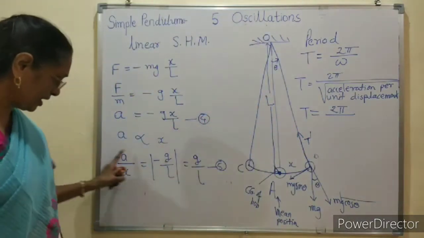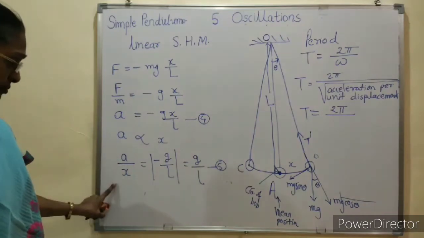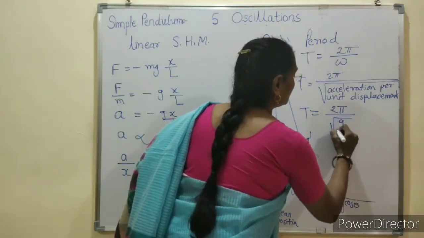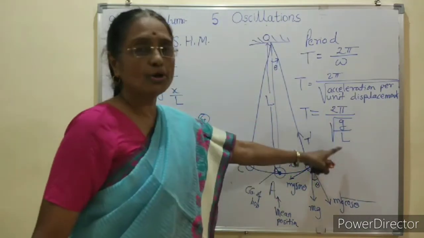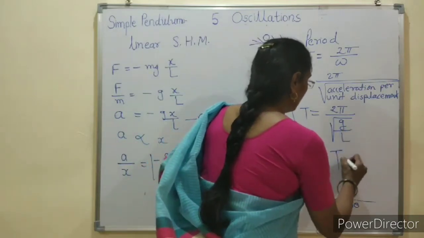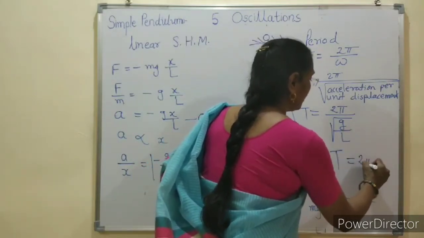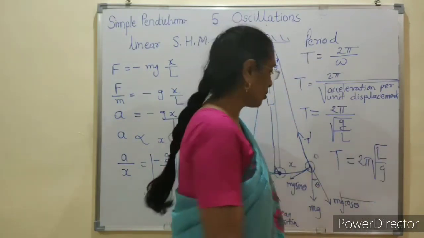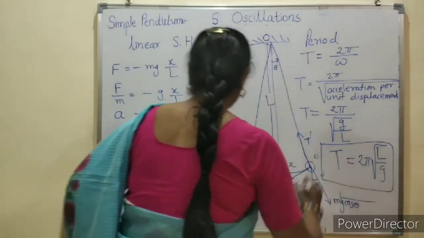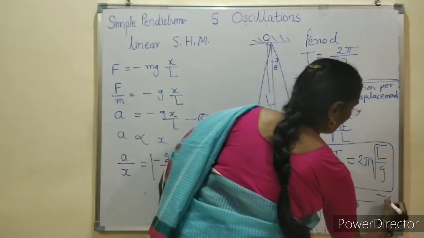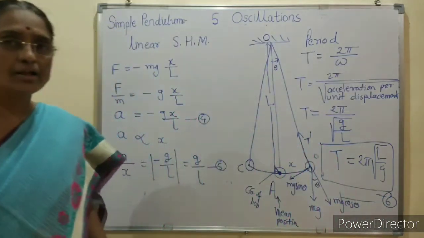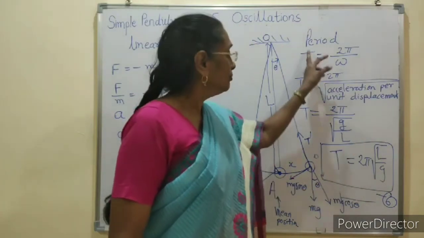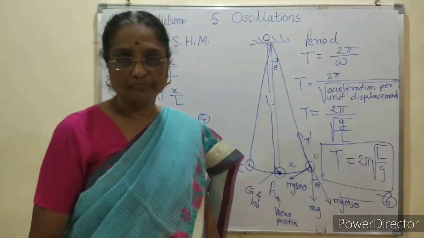From this equation 5, A upon S, meaning acceleration per unit displacement, is equal to G upon L. So inside the under root it is written as G upon L, and the final expression for period we write is T is equal to twice pi under root L upon G. This is the expression for period. We give the number as 6. So this is the simple derivation for the period of simple pendulum.